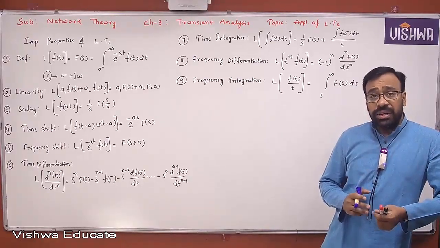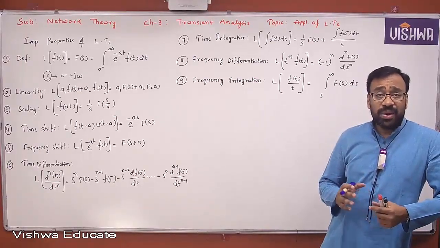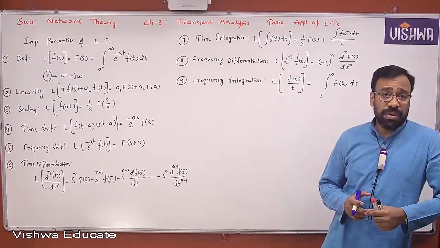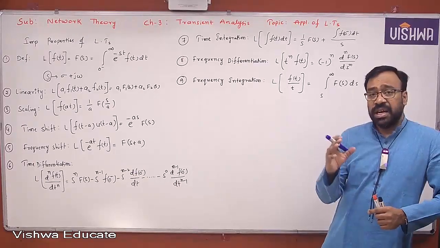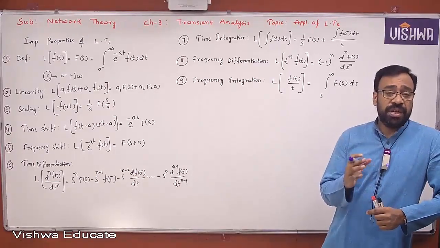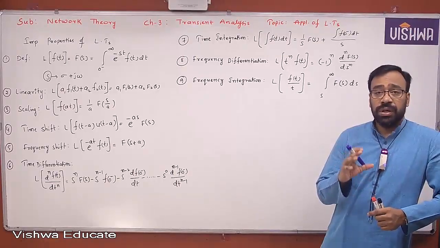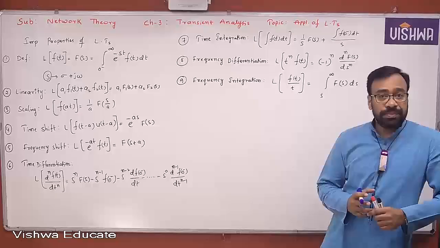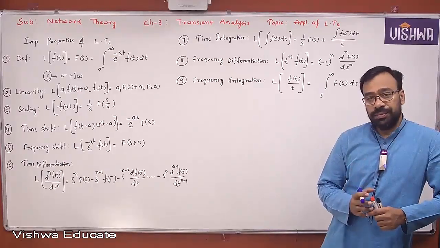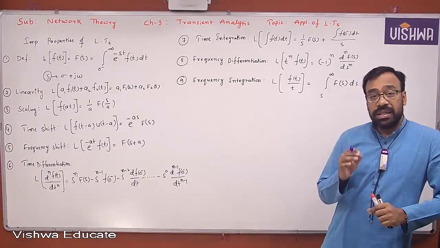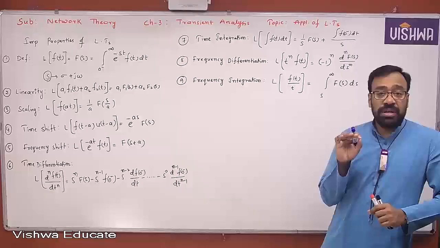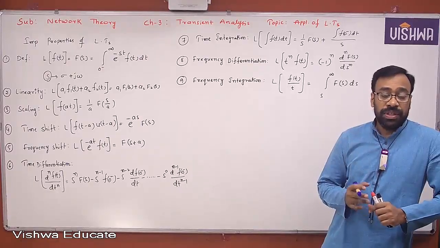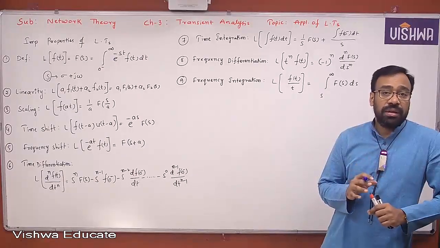We divided the networks into two categories. I hope you remember that. The first type of network is a first order network excited by a step input, a step response based first order network.